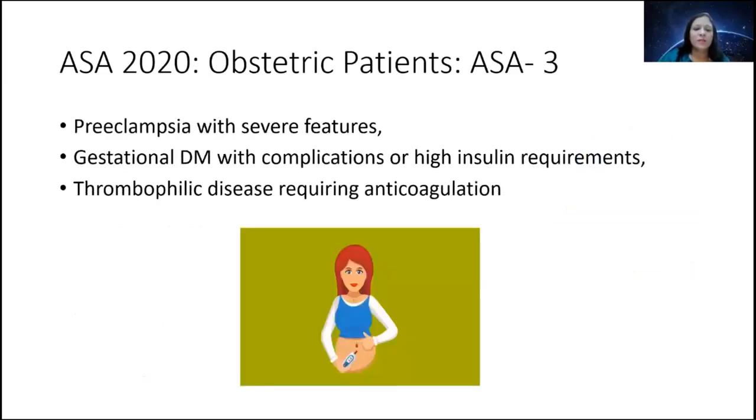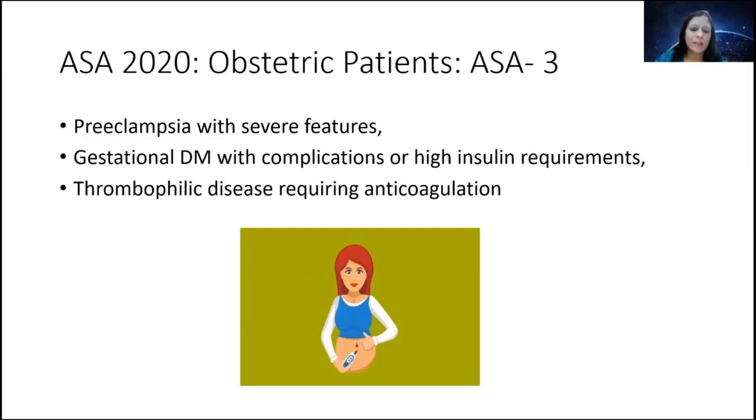Remember, preeclampsia with no severe features is grade 2. Preeclampsia with severe features is grade 3. And you'll see further that preeclampsia with severe features, including HELLP syndrome, is ASA grade 4. Similarly, gestational diabetes with diet control is ASA 2, but gestational diabetes with complications or high insulin requirements is again ASA grade 3.